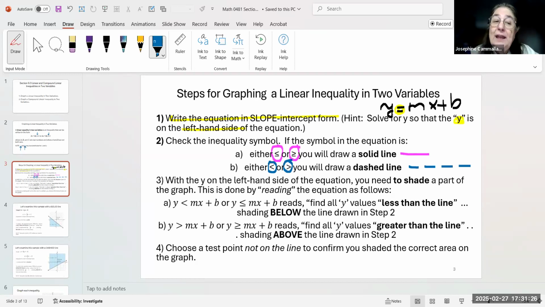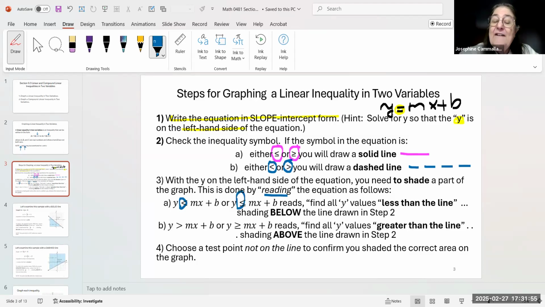Now, once we've drawn the line, whether it be solid or dashed, on the coordinate plane, you then have to understand the reading of the equation that you wrote in step 1. Now, look at A. Do you see that this arrow is pointing to the y?